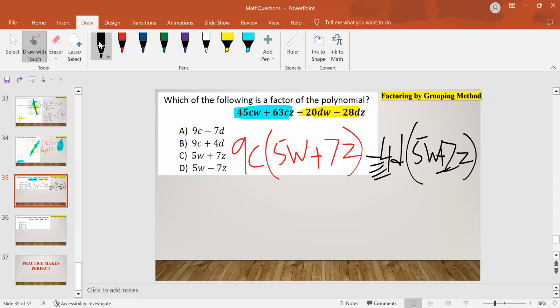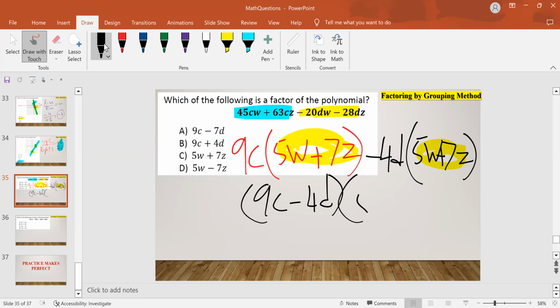Okay, at this step, yes, you must get the same factor in the parentheses. And to finish this problem, you just put 9c minus 4d in the parentheses, and what they have in common also in parentheses, different parentheses.